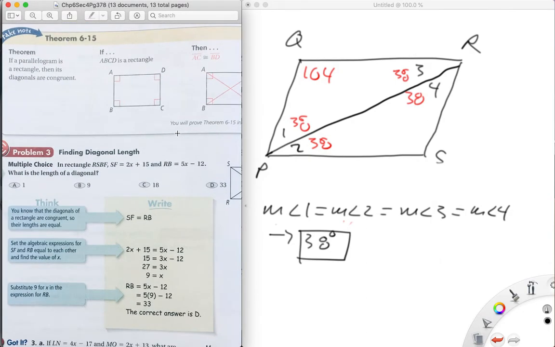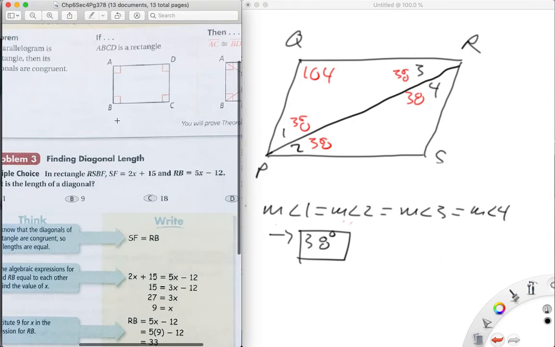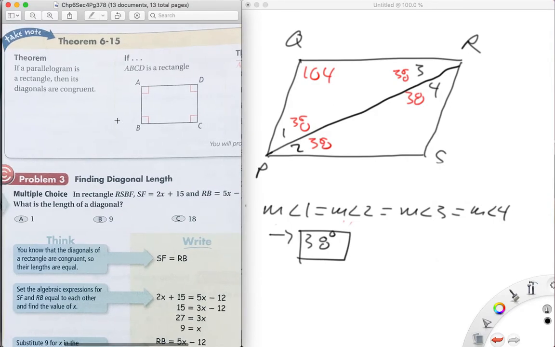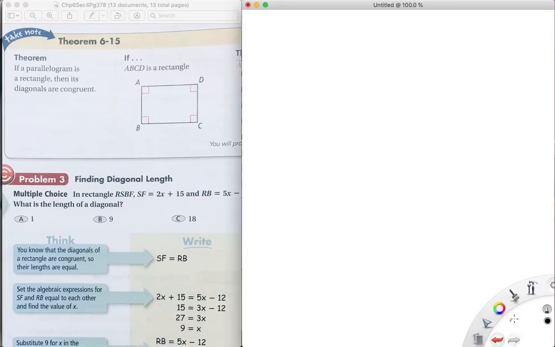Alright, parallelograms that are rectangles. If a parallelogram is a rectangle, then the diagonals are congruent. This is theorem 6.15.